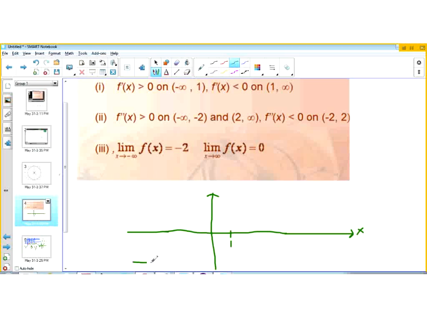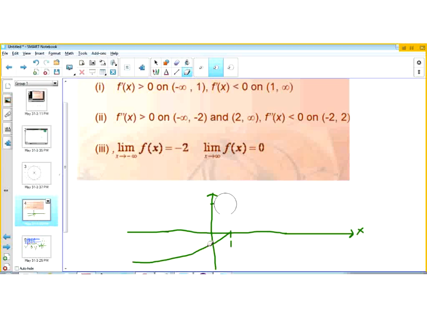The first derivative from negative infinity to 1 is greater than 0, so the slopes of the tangent lines to the graph are positive, which means it has to be an increasing function from negative infinity to 1. So here's a potential solution, or we can have something like this. As long as you depict the slopes of the tangent lines being greater than 0, it doesn't really matter where you draw it.